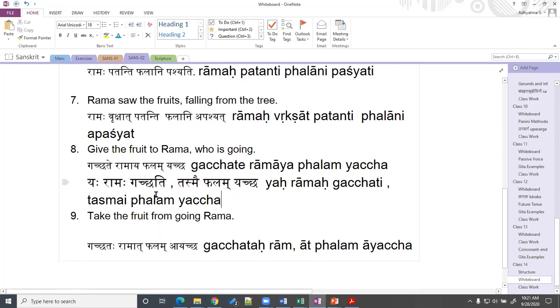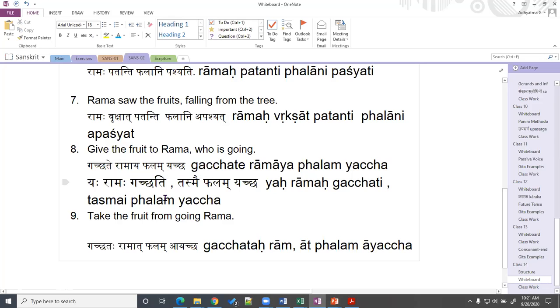The problem is this: Yah, this pronoun, is an indefinite pronoun, one who, like we don't know who. So it is like an indefinite pronoun kind of thing. And Rama, when we say Rama, we are telling a particular person, it's a name. So you combine the indefinite and definite pronoun, it's possible, it's not wrong in Sanskrit.